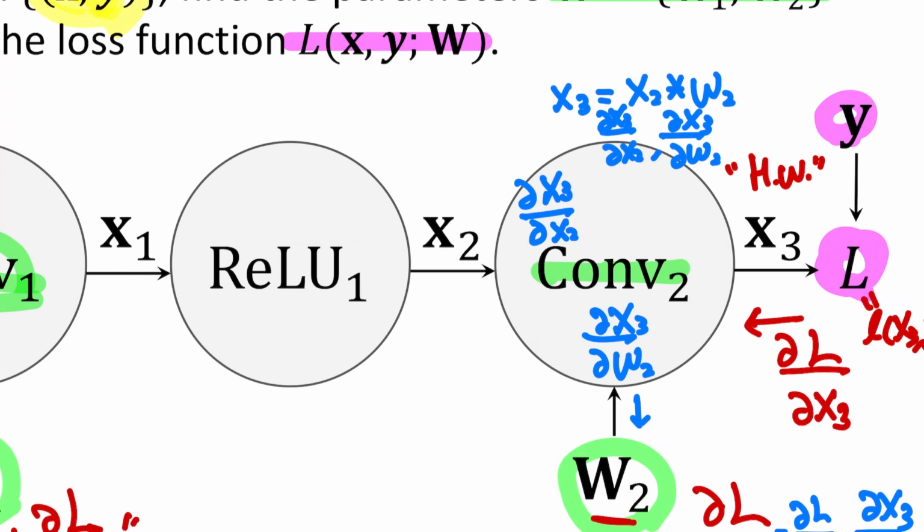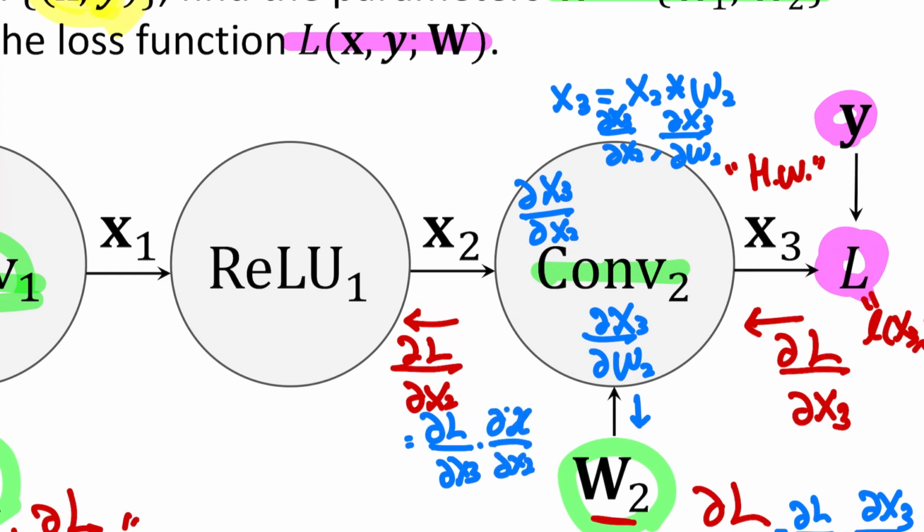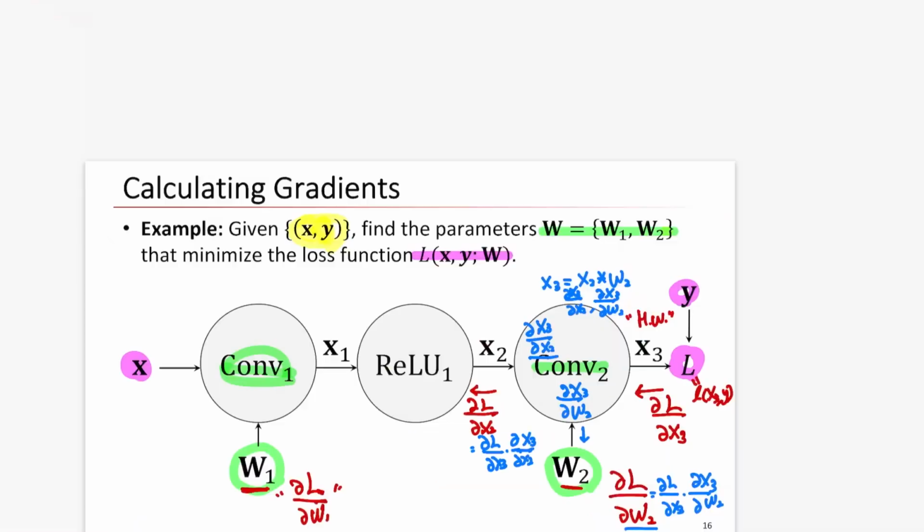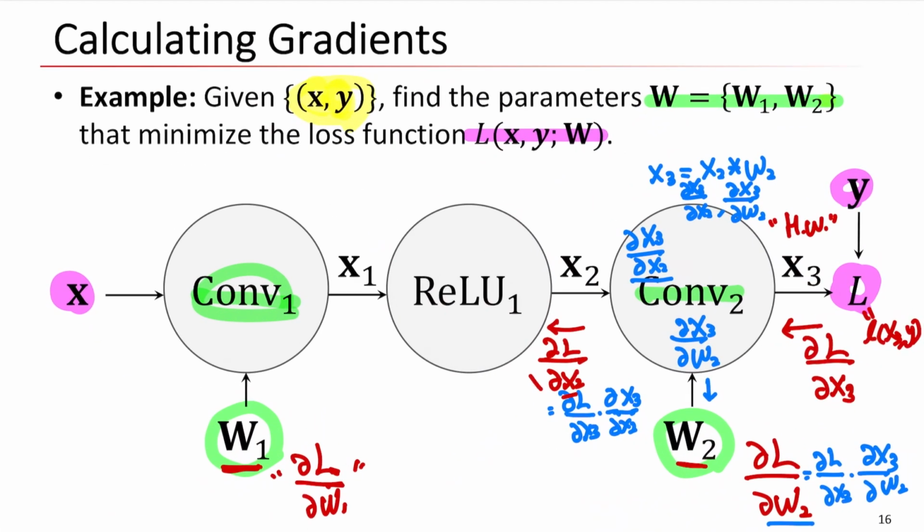now we can compute the gradient of the loss with respect to x2, right? So how can I compute this? The gradient with respect to x3 will be used for another loss gradient, right?